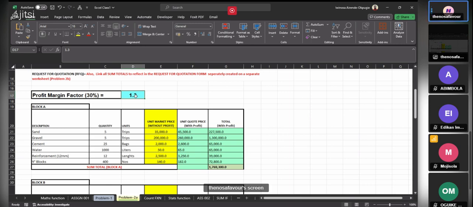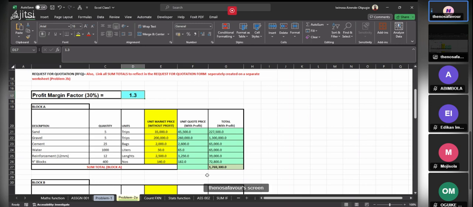So in a real case scenario, you won't have the figure without profit, because they expect you to already know that market price is the figure without profit. They also expect you to know that the unit price, the unit quote price, is the figure with your profit.